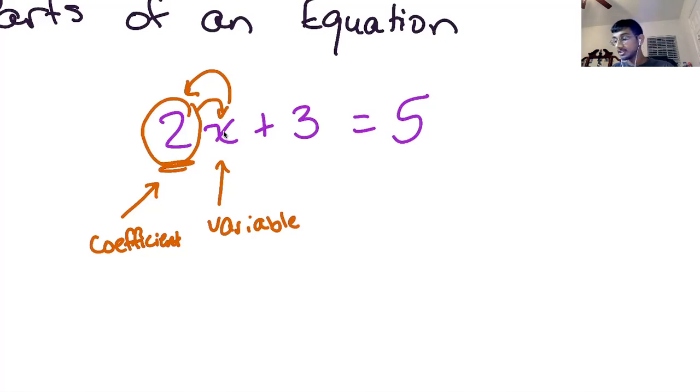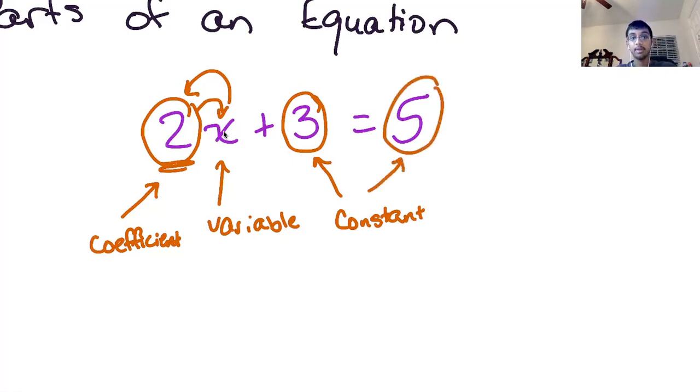The next part is this thing right here. This thing right here is called a constant. All that is, is basically just a part of the equation that does not have a variable in it. That's the best way to think of it. So this is a constant, and technically this is also a constant, right? These two things do not have anything attached to them, so there's no variable attached to them.